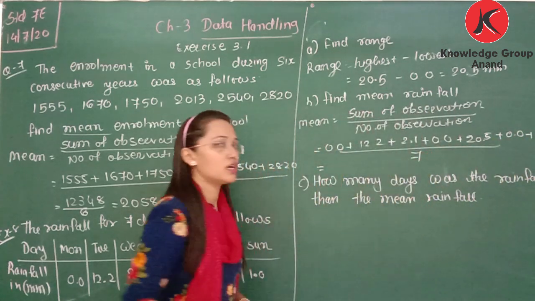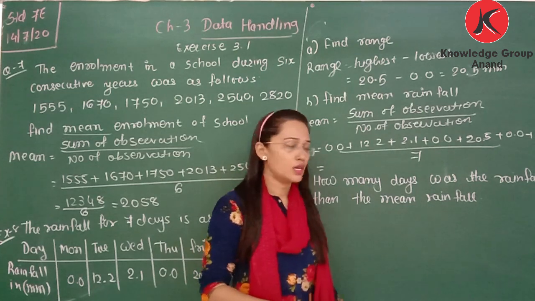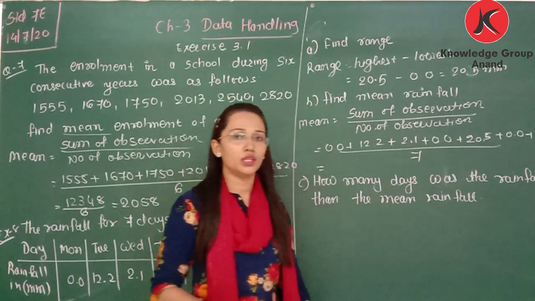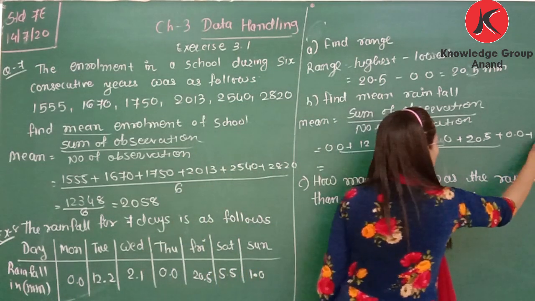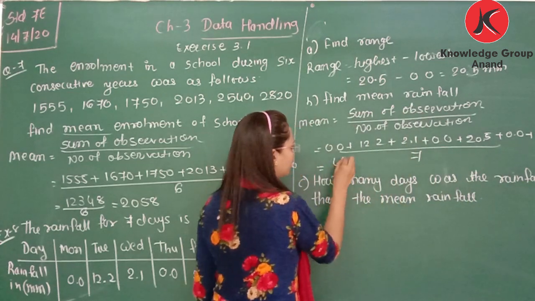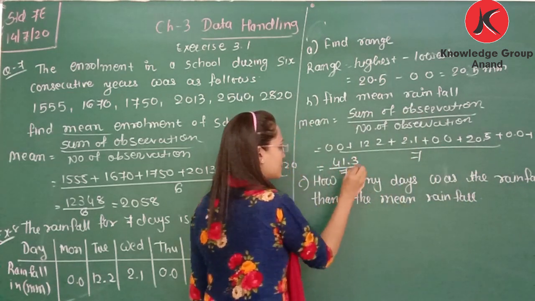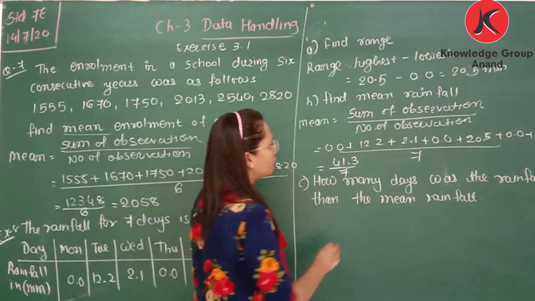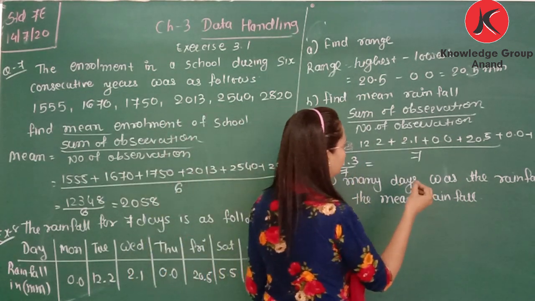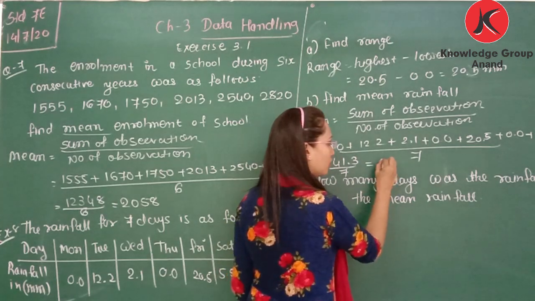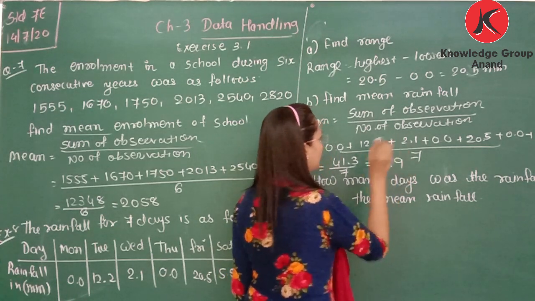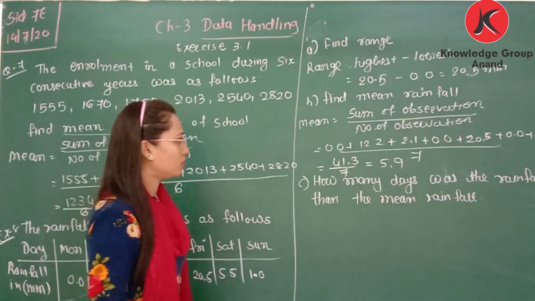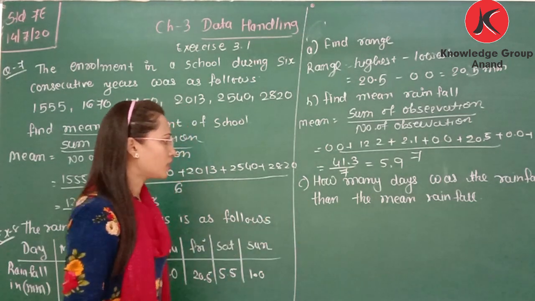Why? Because it is information about the 7 days. Now if we add all the 7 numbers, we will get 41.3 divided by 7, and if you divide 41.3 by 7, we will get 5.9.